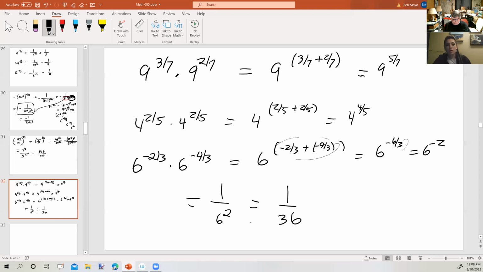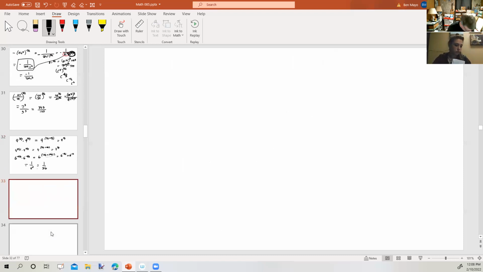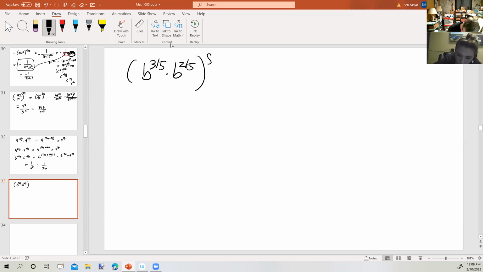Any questions on this one? Nope. Okay. B to the 3/5 power times B to the 2/5 power, the whole thing raised to the 8th power.